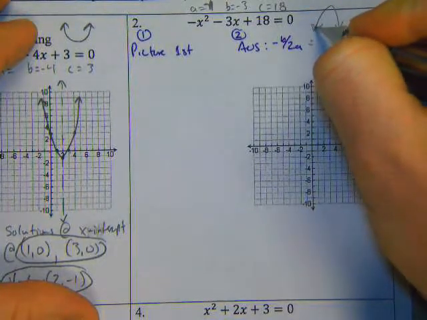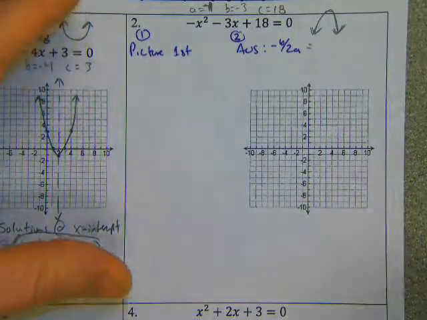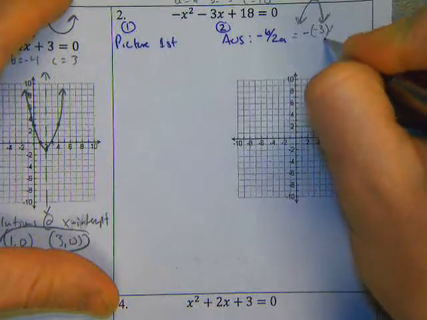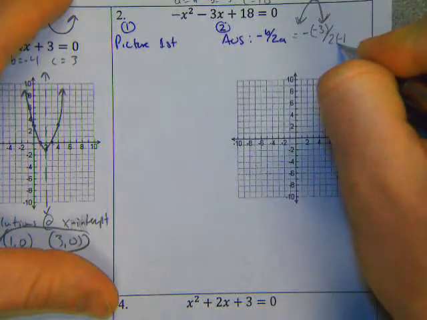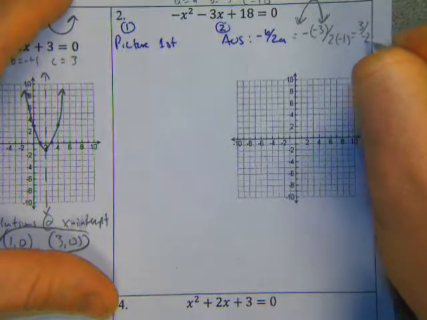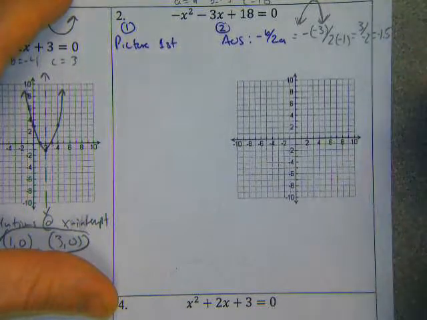Okay, so putting together the pieces of the puzzle. So negative b over 2 times -1 gets me 3 over -2, which is -1.5.